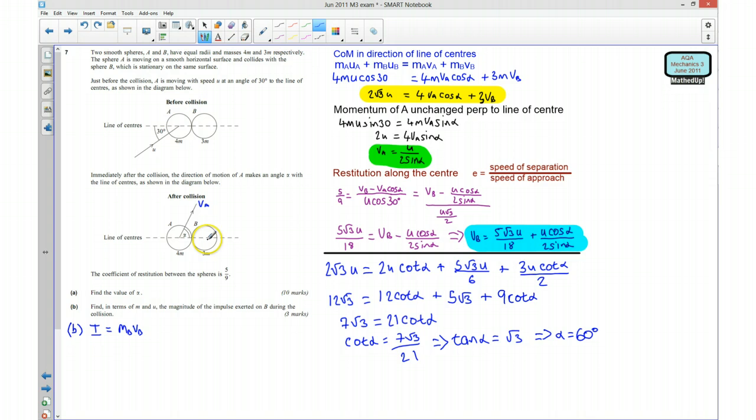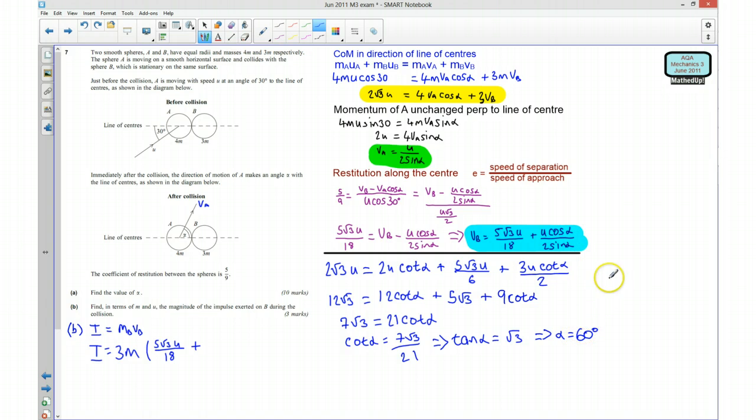Now we know the mass of B is 3m, and we also know that the velocity of B, well, we've got an equation for this, so I can just sub that straight in. So that's going to be 5 root 3 u over 18 plus, and we've got u cos alpha, and alpha is 60 degrees.